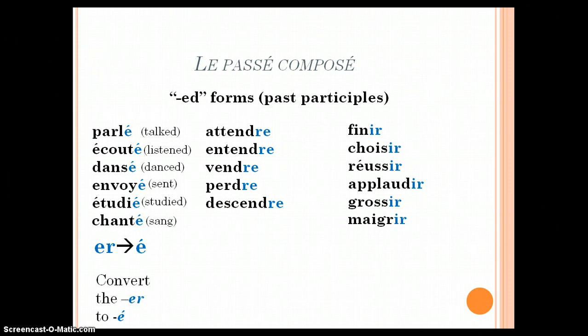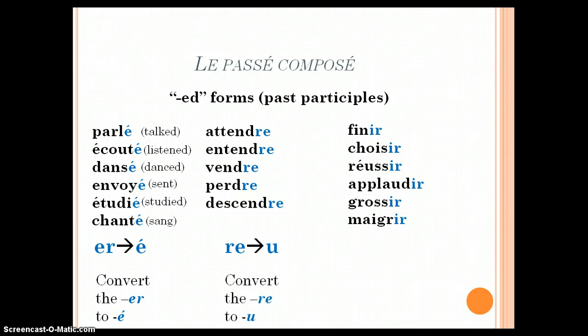These verbs have their ed forms in English: talked, listened, danced, sent, studied, sang. To send and to sing in English are irregular. That's why it's sent and sang, not sended and singed. For re verbs, you convert the re to a u.